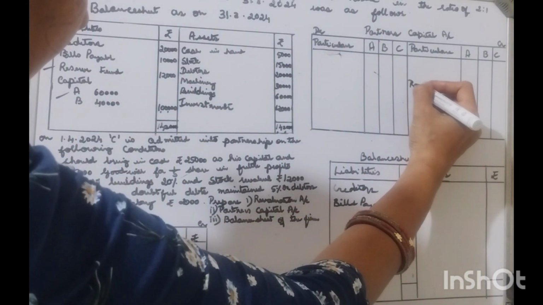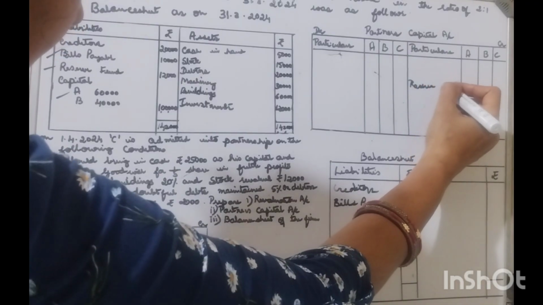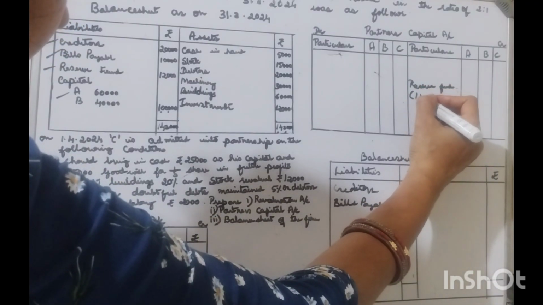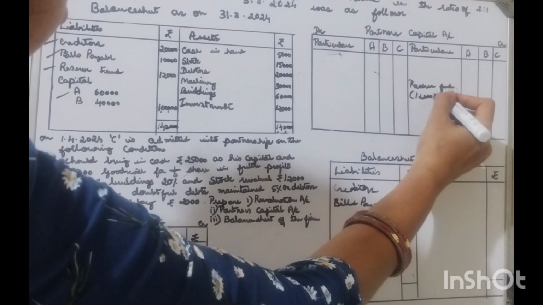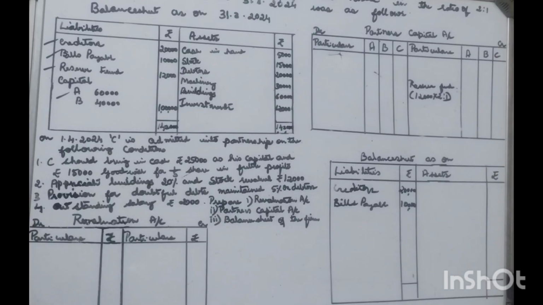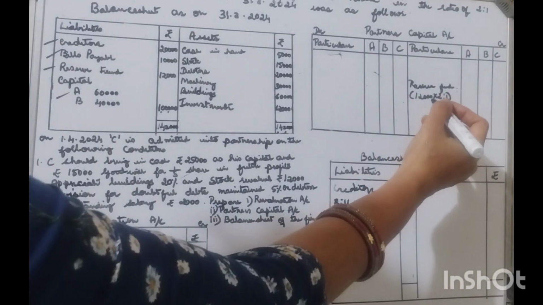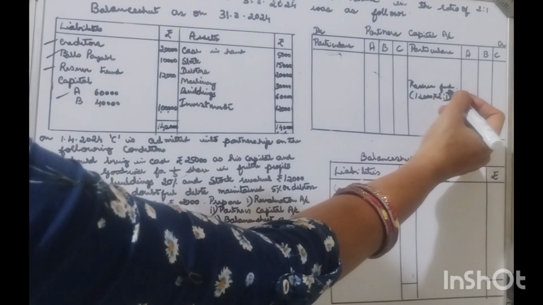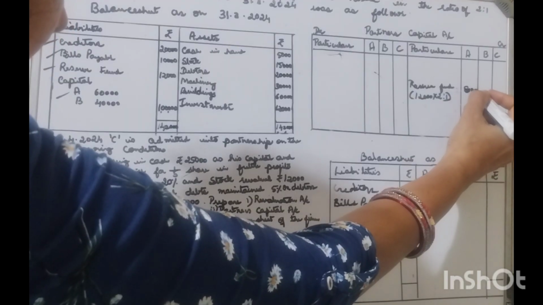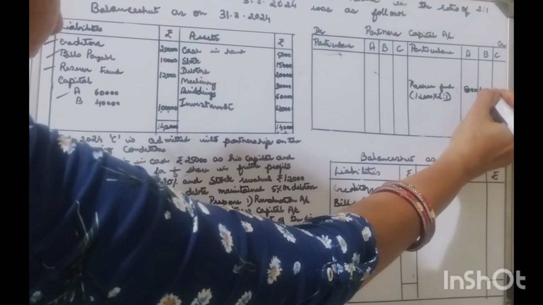Reserve fund is 12,000. It has to be distributed in their old ratio. Only the old partners are entitled to a share of the reserve fund. So 12,000 into 2/3 and 12,000 into 1/3 will be 8,000 as well as 4,000.